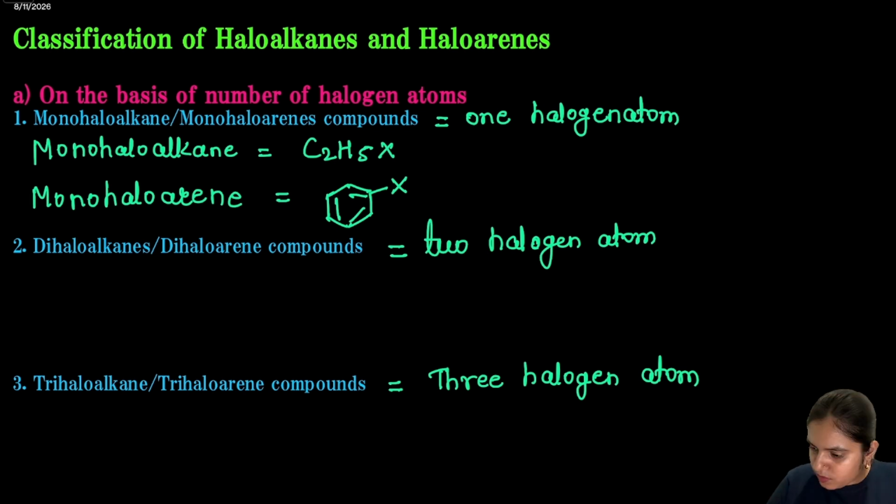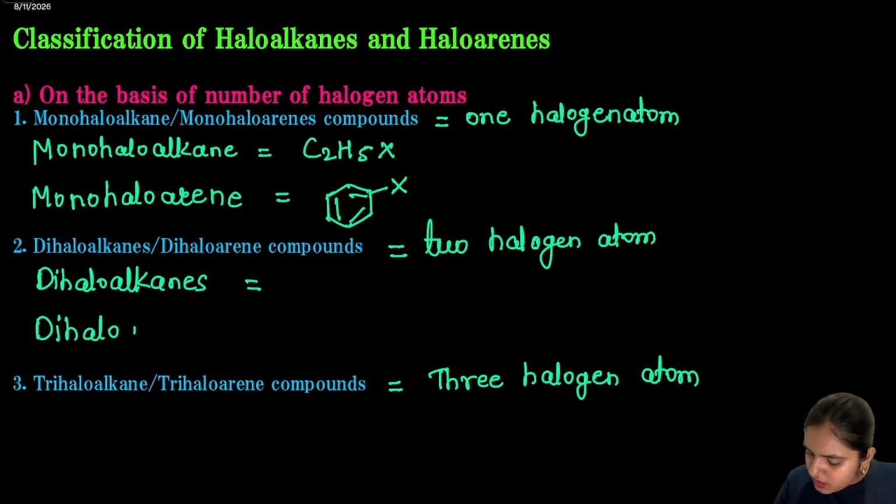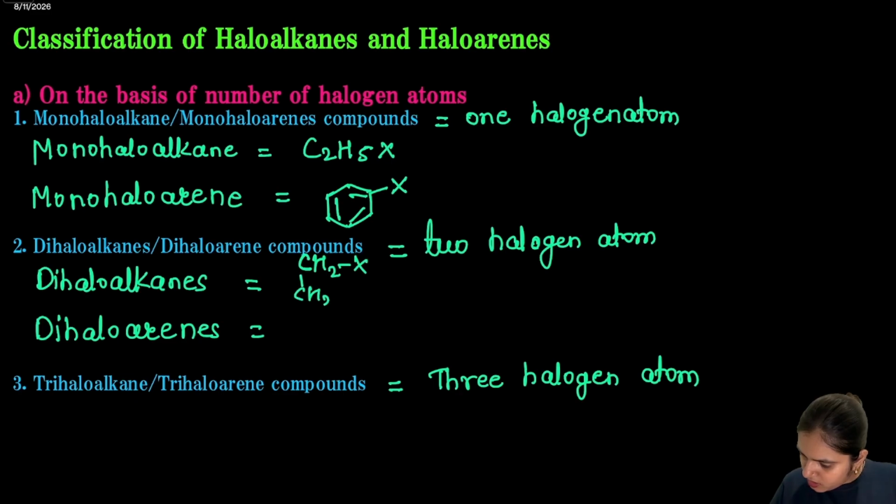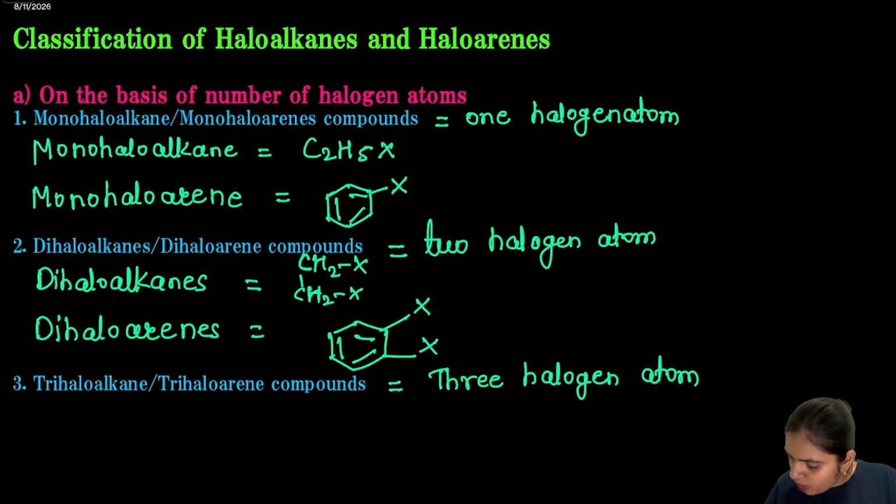So the example of dihaloalkane and dihaloarene is CH2X, CH2X. Okay, this is the example of dihaloalkane, and for dihaloarene means in benzene ring, two hydrogen atoms are replaced by the two halogens. That's why it is called a dihaloarene and the dihaloalkane.